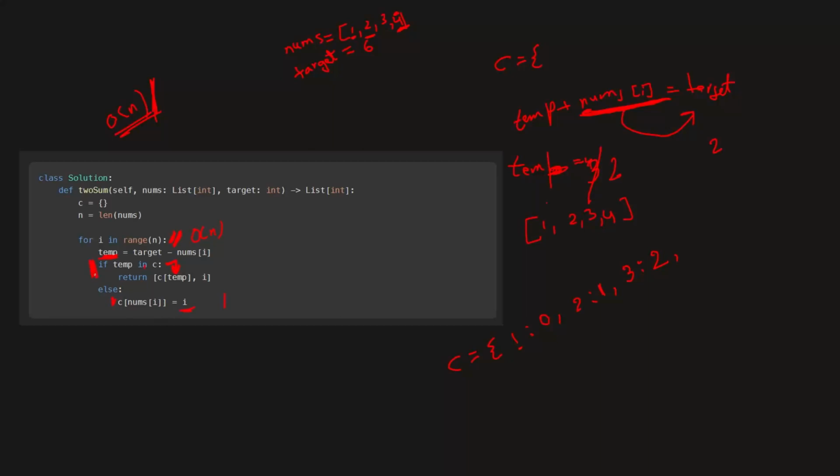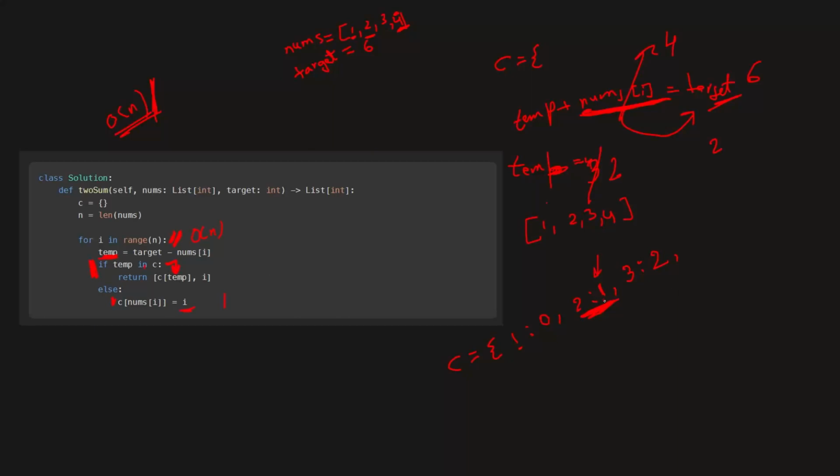We know that 2 is already in our dictionary at index 1, and nums[i] currently is 4. So 4 plus 2 equals the target, which is 6. We have finally found our answer, and we will just return C of temp, that means C of 2.